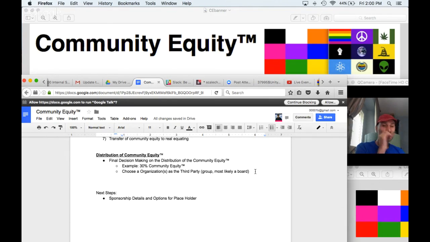So if you're going to have two organizations, you would take the community equity and split it in two. One organization would have 15% of the community equity, and the other organization would have 15%. In essence, it's still 30% community equity, but you have two separate placeholders simultaneously overseeing it. Does that make sense?